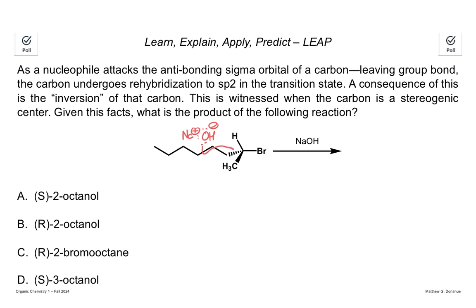So that has to attack opposite to the leaving group. So we would draw OH, carbon, we're going to leave the hydrogen in the plane. So now it's going to be kind of over to the right. The methyl group is still coming out towards you.